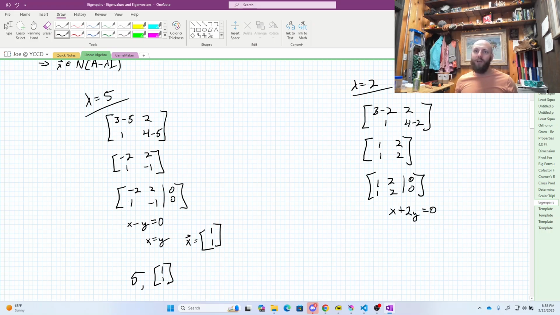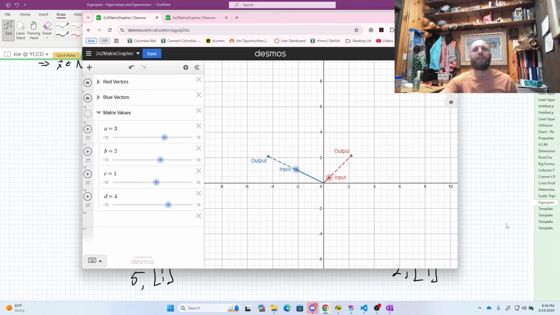So I'm going to go ahead and pick some value for y. Don't pick 0, right? This is a pivot and free thing. So I'm going to pick my y as 1. So if y is 1, then x has to be negative 2. And so my eigenpair is 2 and (negative 2, 1). And I'm going to bring my grapher back in here.